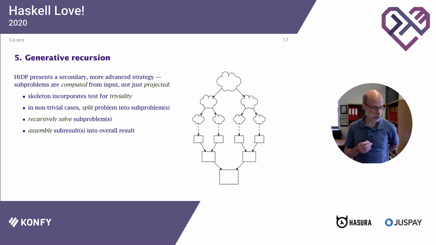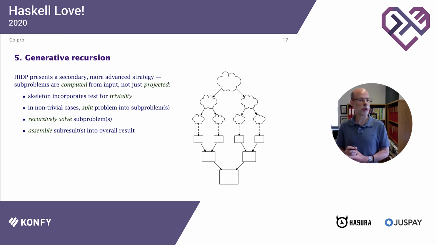They present it much later in the book, a much more advanced strategy, and it's called generative recursion. So structural recursion, you do a recursive call on a subproblem. So to insert sort a list, you insert sort the tail of the list, and that subproblem is just obtained by projecting out of the input data. So to get the tail of the list, you just have to project the x's out of x cons x's.